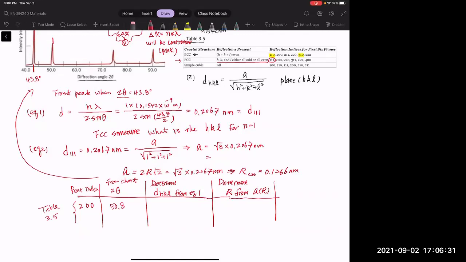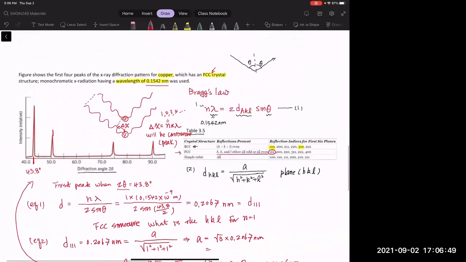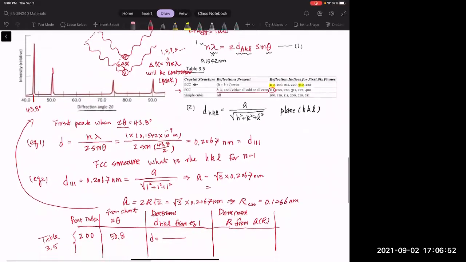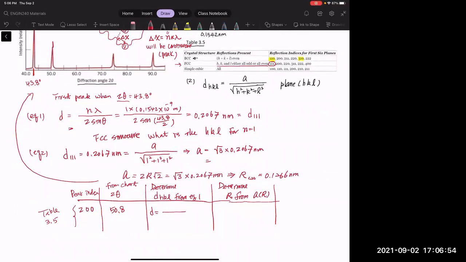And then I use equation 1 to find what is my D, right? So this is equal to, which is this one here. Now you're not using the 1, this one's supposed to be 2. This n will be 2, the second one.